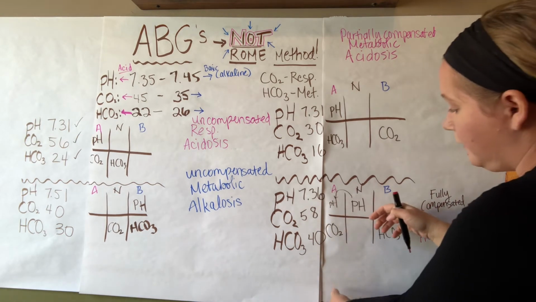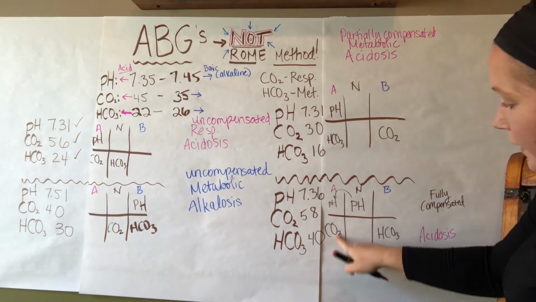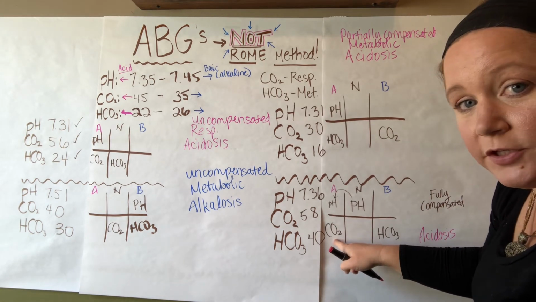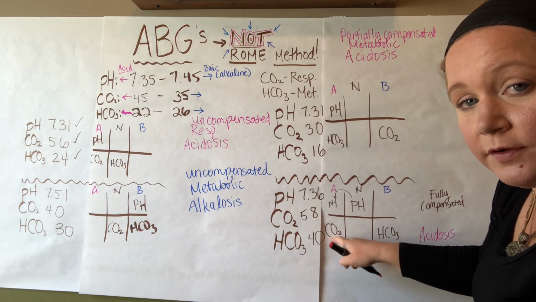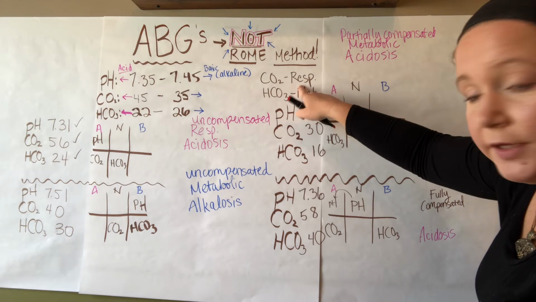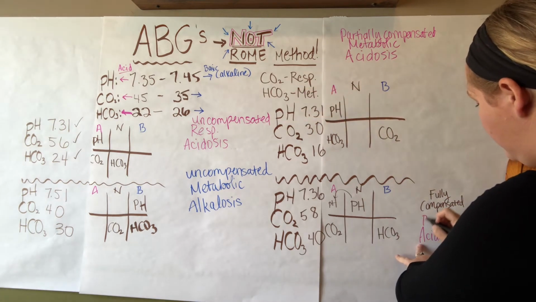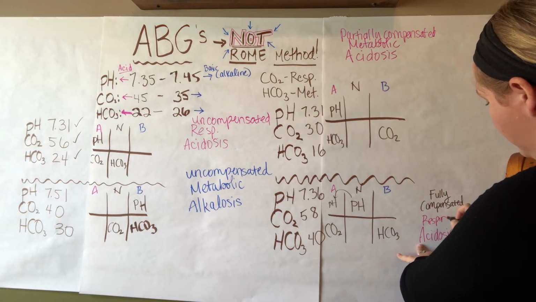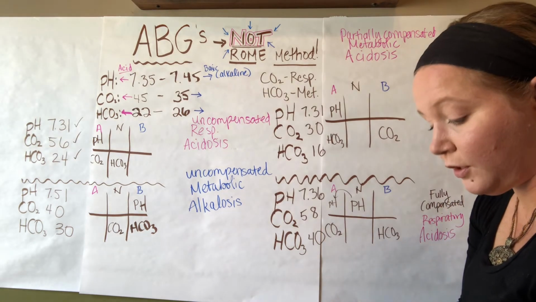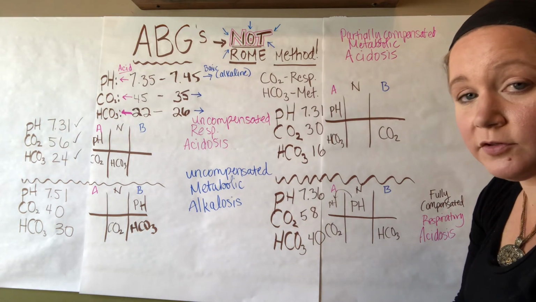And for my grid, I look underneath the pH to see what's underneath my pH here. Respiratory, right? CO2, respiratory. So I'm in fully compensated respiratory acidosis.